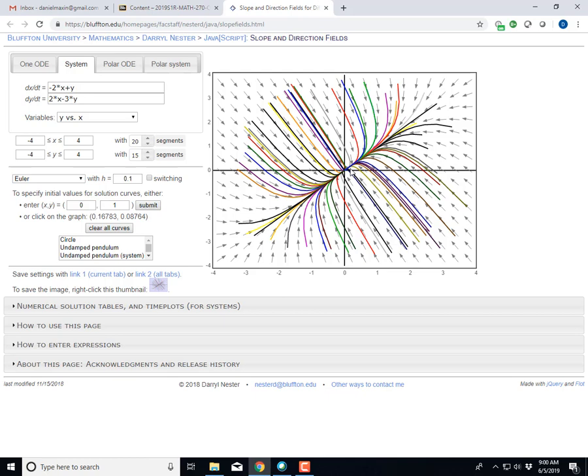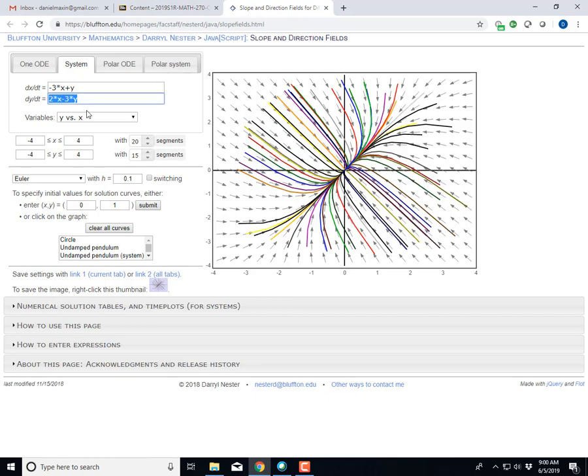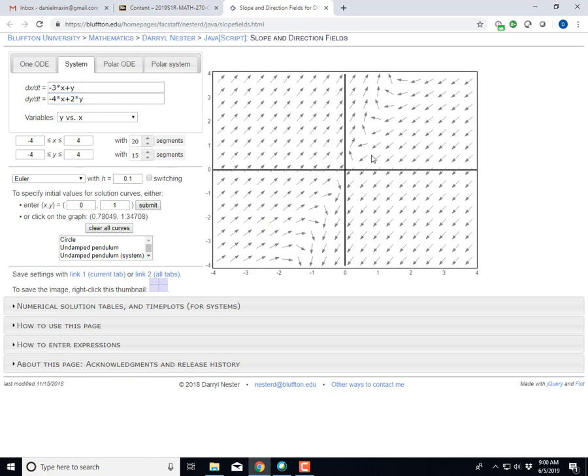Let's move on with the saddle example. I want to make sure I do them in the order I did it in the Lightbox. So the saddle was minus 3, 1, so minus 3x plus y, and minus 4x plus 2y. Again, if you look at the arrows, even before I click on the solutions, you should see what I'm talking about.